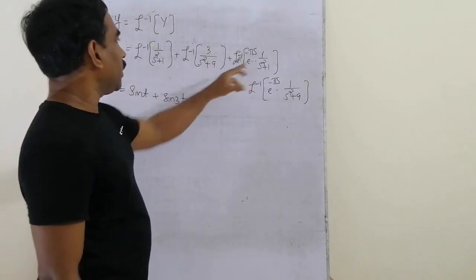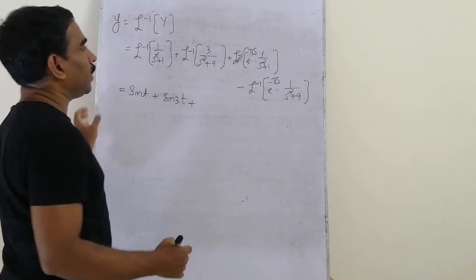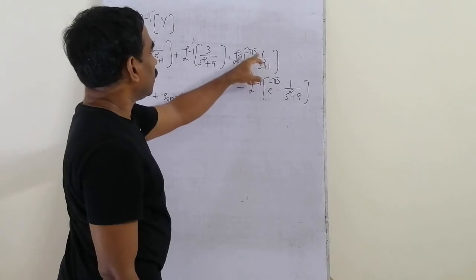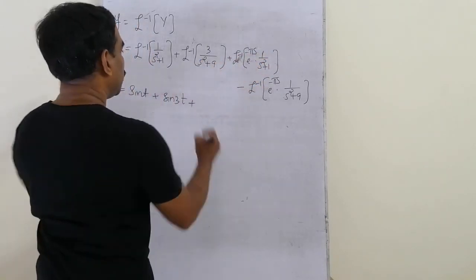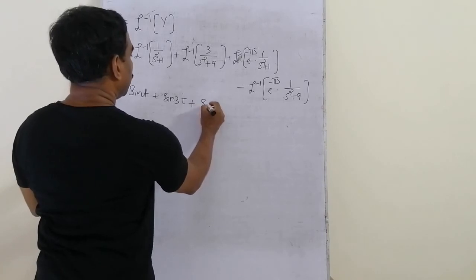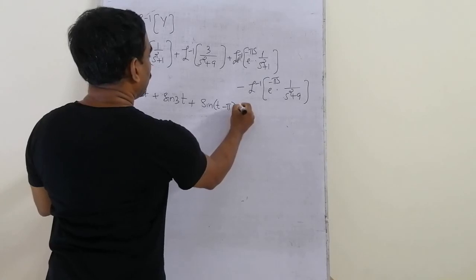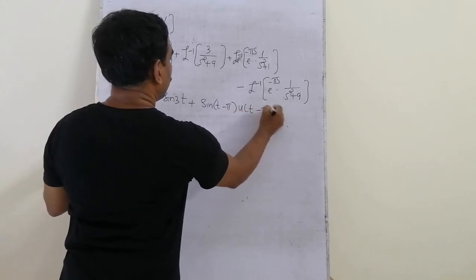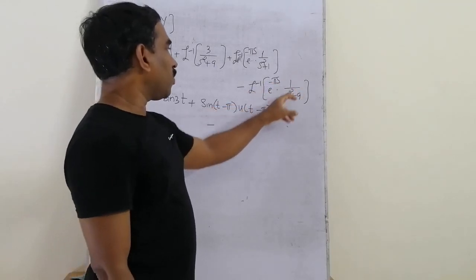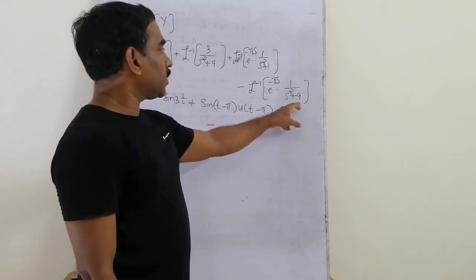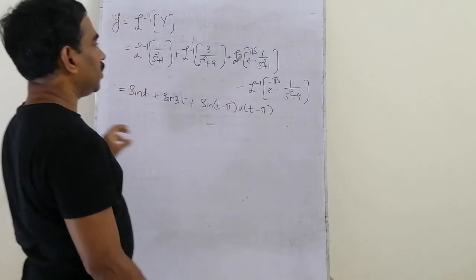Now using the second shifting theorem, this is f of t minus a into u of t minus a. Here the function having inverse Laplace transform 1 by s square plus 1 is sin t. So that sin t is shifted, that is sin of t minus pi into u of t minus pi, minus, and here the inverse Laplace transform of 1 by s square plus 9 is sin 3t divided by 3, and that function is shifted pi units to the right.